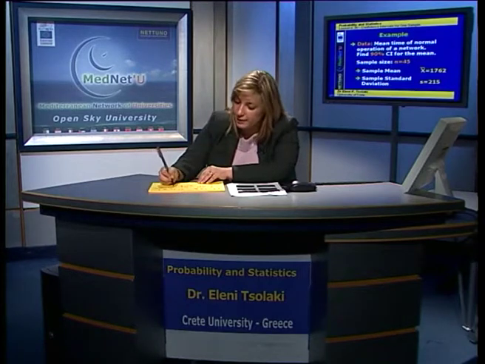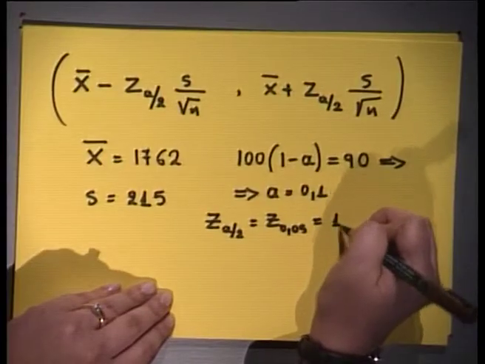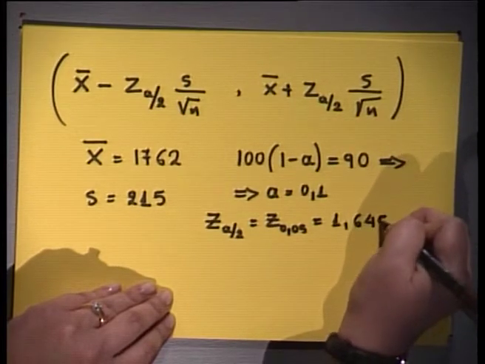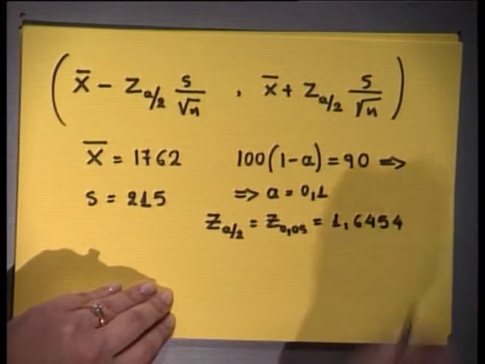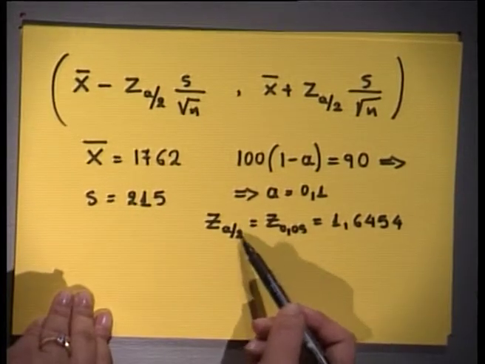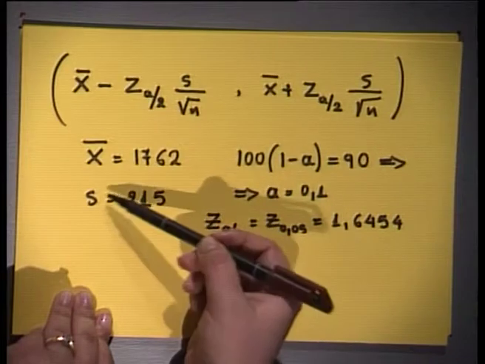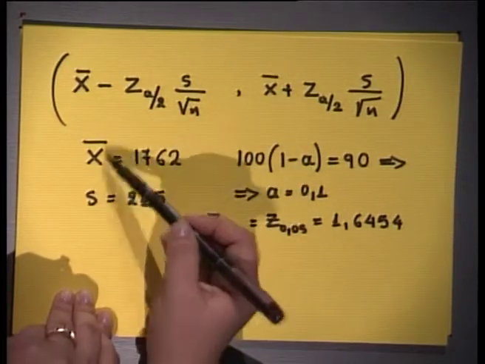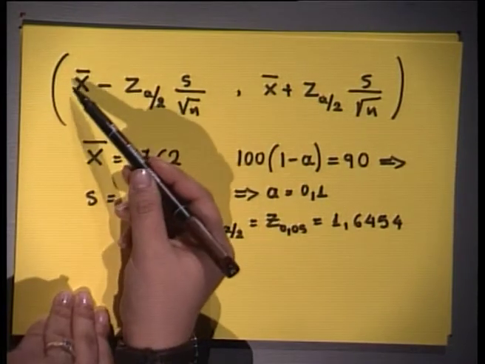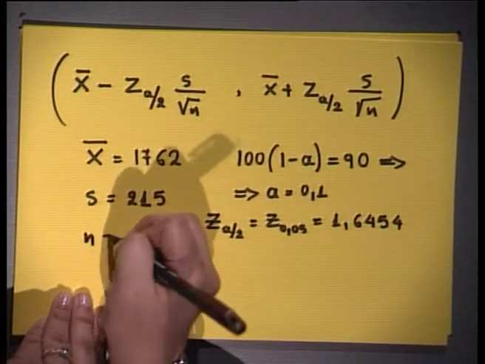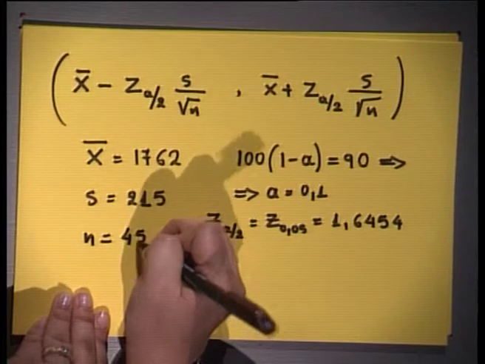If we read it from the tables, it is 1.645, and now we can replace this value in our formula, replace our S, replace our sample mean, and replace our n, which we know is 45.